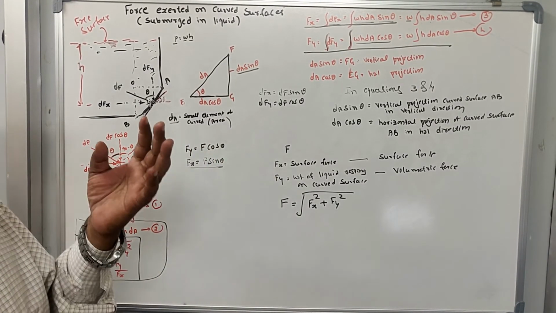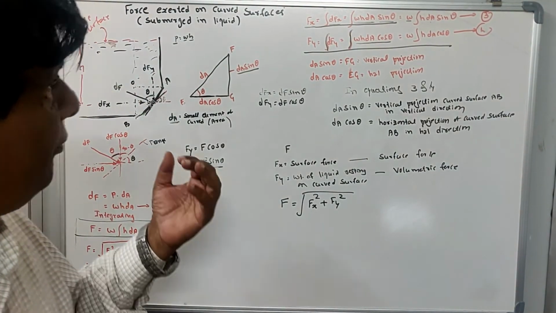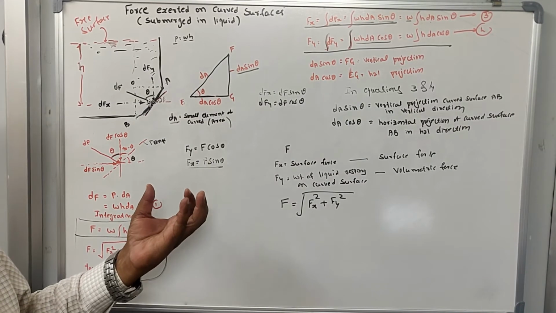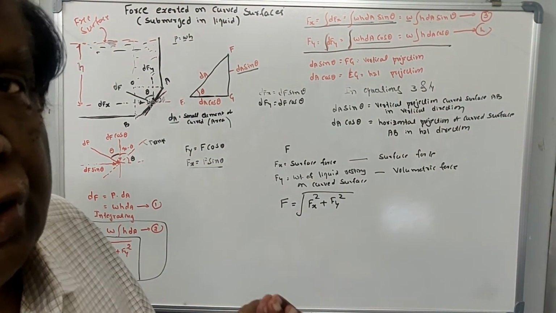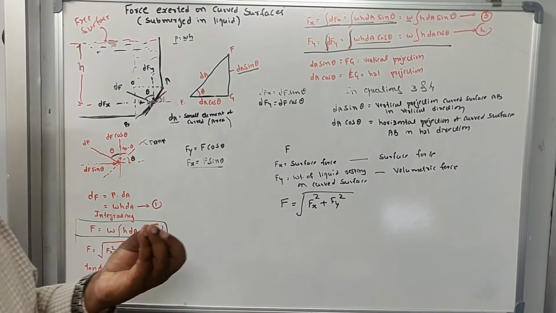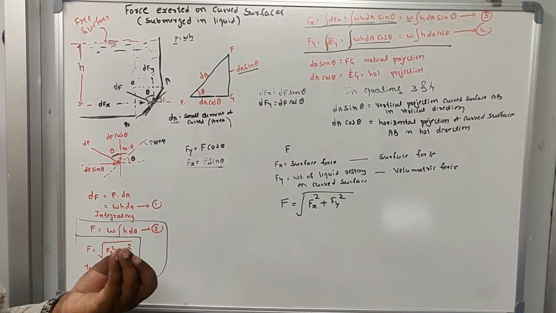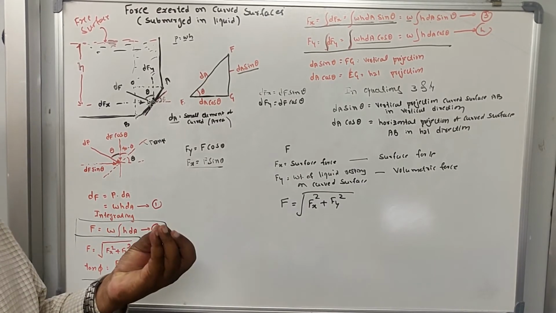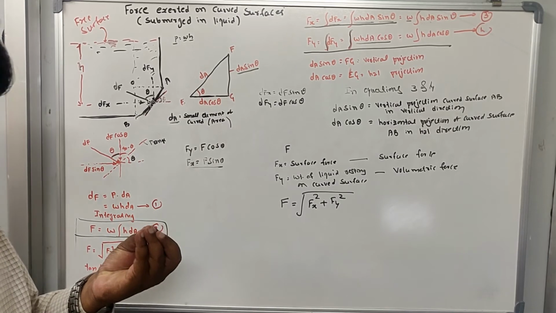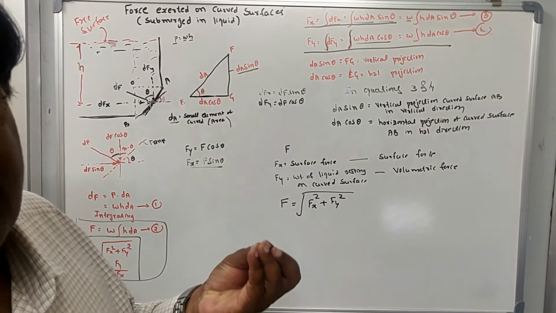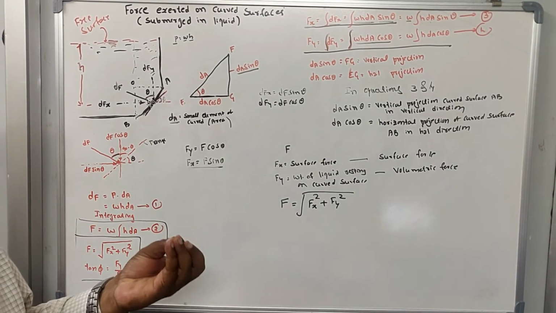So by the end of this study, students should be capable of calculating the force exerted by the static mass of fluid on surfaces, its magnitude, point of application and direction.